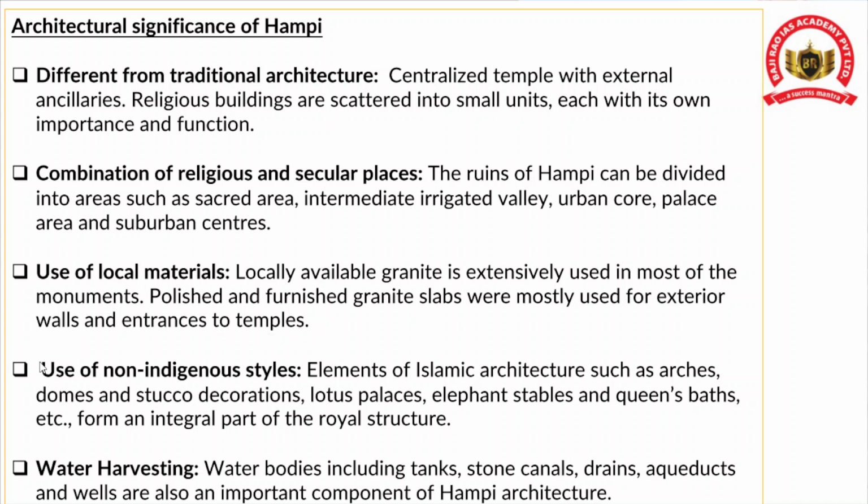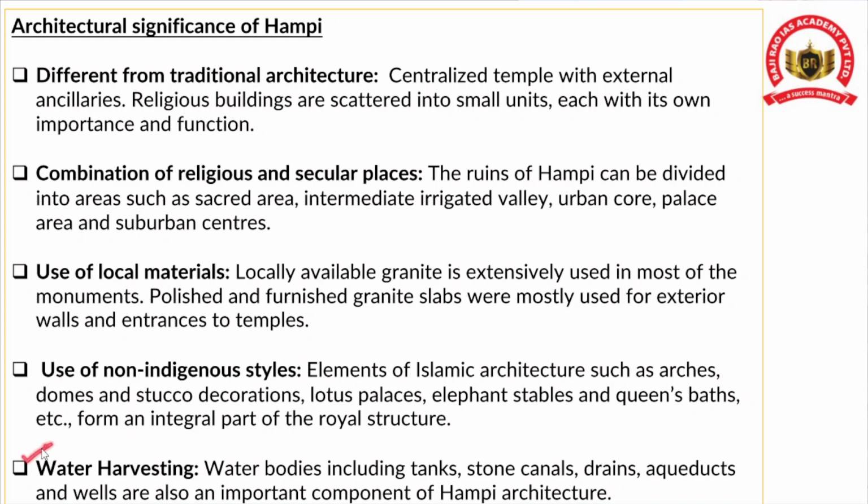Now after that, they also used non-indigenous styles, the architectural features which are not originally indigenous to that particular region. For example, we can also observe the Islamic style of architecture such as arches, domes, and stucco decorations, lotus palaces, elephant stables, and queen's bath. These all contain Islamic architectural features.